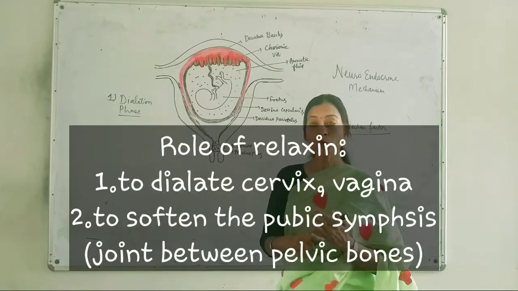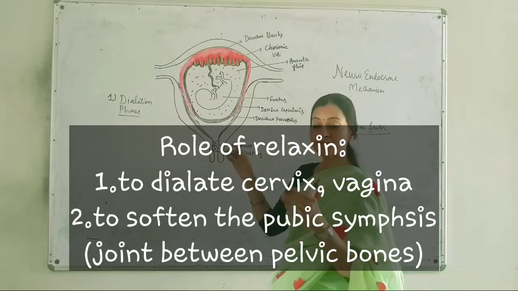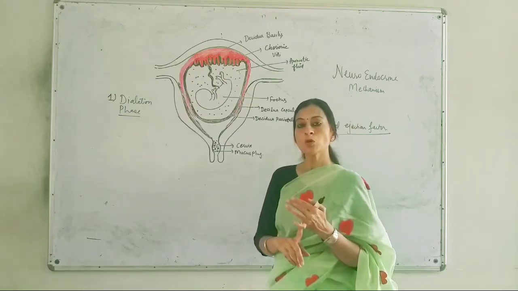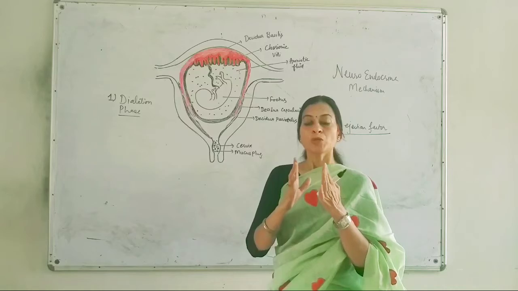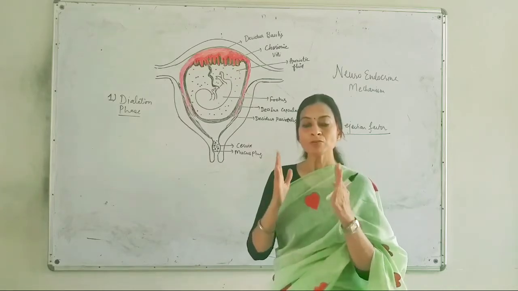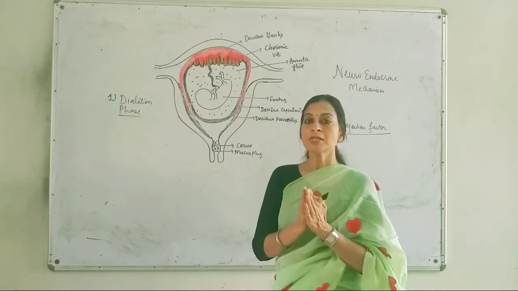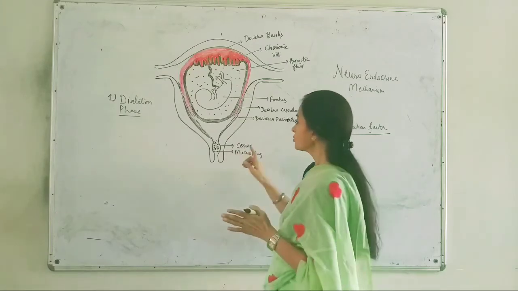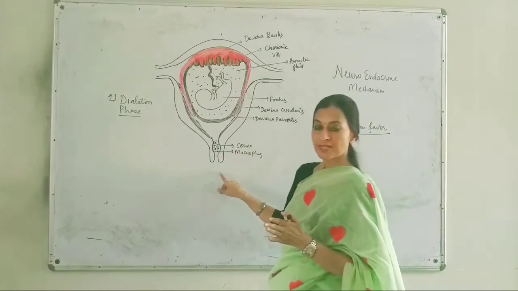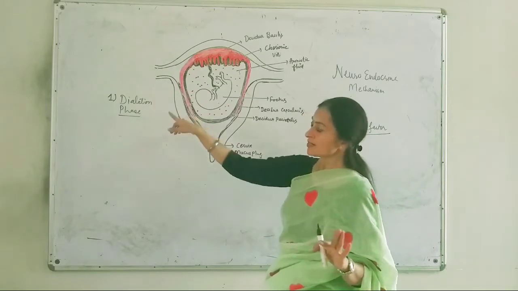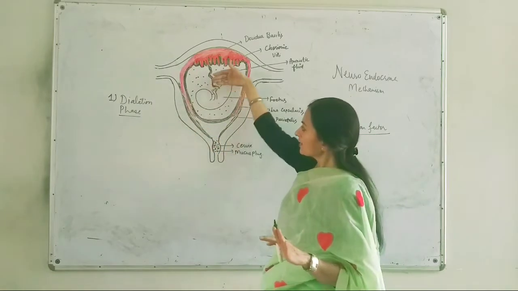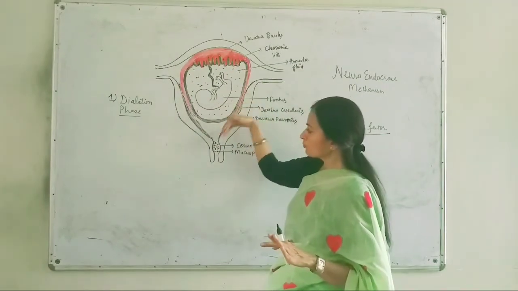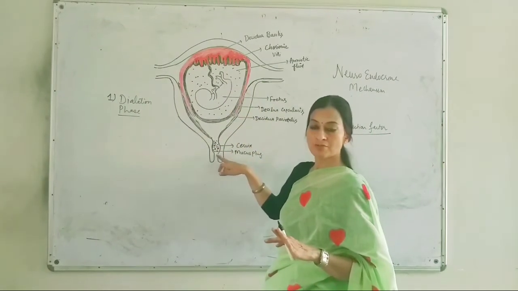The relaxin hormone is not only helping in dilation of the cervix and the vagina, but it is also helpful in loosening the connective tissue present between the pubic symphysis. So the cervix and vagina get dilated, that's why it is known as the dilation phase, and the fetus is forced to move through the cervix.